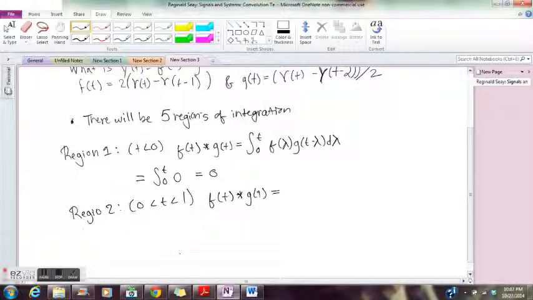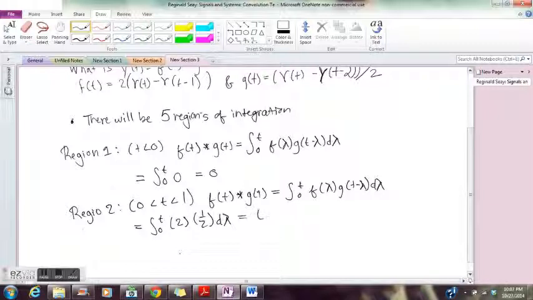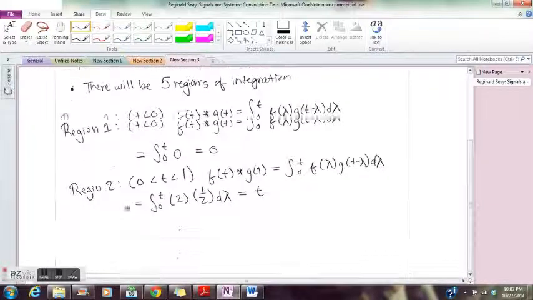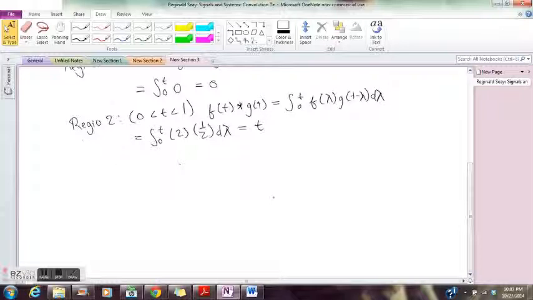And then we say f convolved with g of t, and we write again the integral from 0 to t of f of lambda times g of t minus lambda d lambda. Then we can say this is equal to the integral from 0 to t of 2 times 1/2 times d lambda, which is equal to t.